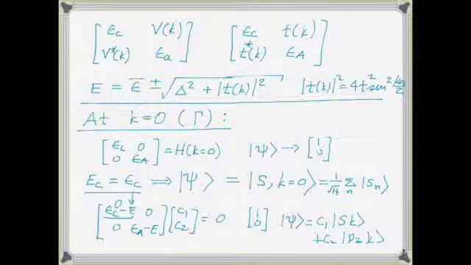And I pick up off-diagonal terms as soon as K becomes non-zero. But right at K equals 0, the conduction band, this antibonding orbital, what we called antibonding before, is sitting entirely on the s orbital.